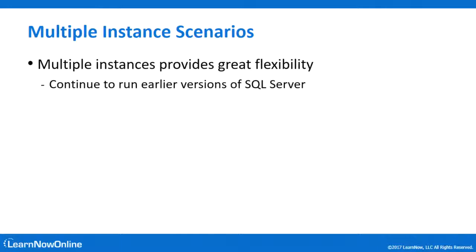So this is a really nice scenario. If you have an existing installation of SQL Server, say 2012 or 2014, you can leave that as the default instance on the server, install SQL Server 2016 as a named instance, and then migrate your databases and your applications over time. And both can be running side by side.